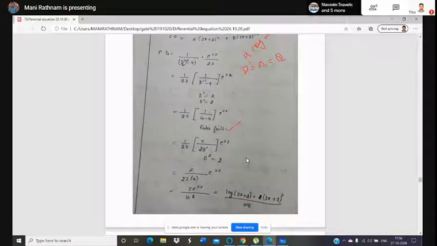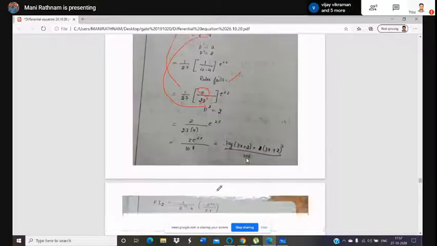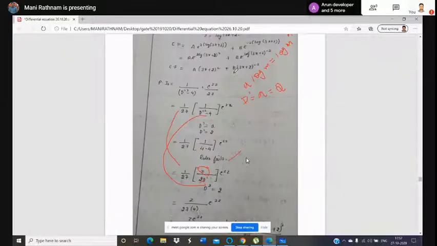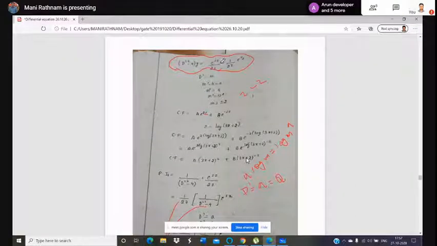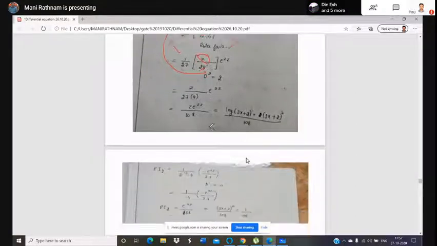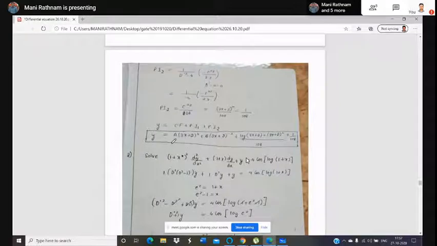When the rule fails, as usual, multiply z in the numerator and differentiate the D' square in the denominator: 2D' and e power 2z. Now again substitute, we get the value. So e power 0 is, that means directly you get a value 0 for PI2, because the two functions are in separate terms. There is a negative sign here. So you will get PI1, PI2 differently. And finally, the solution y equal to CF plus PI1 plus PI2 is the solution.